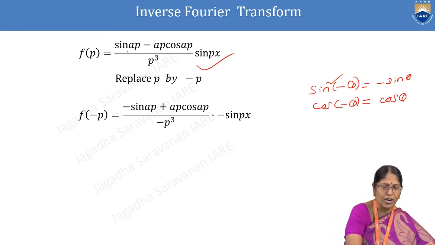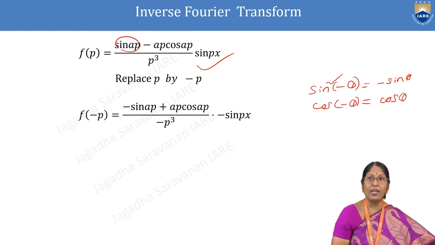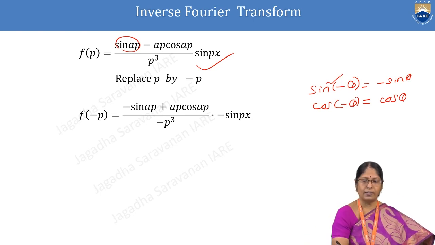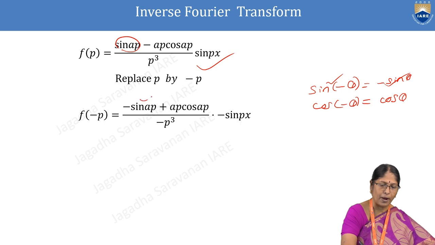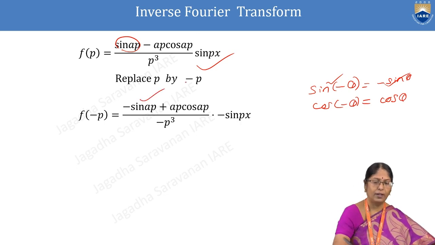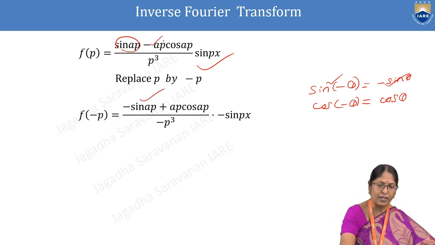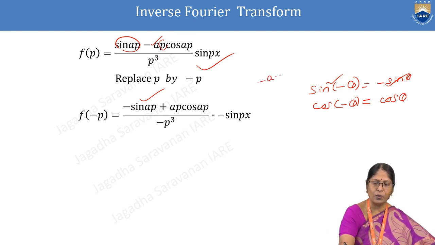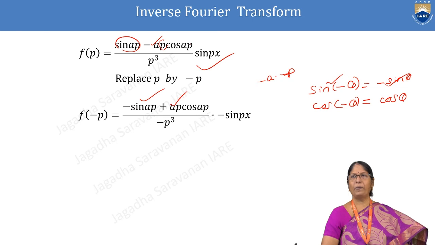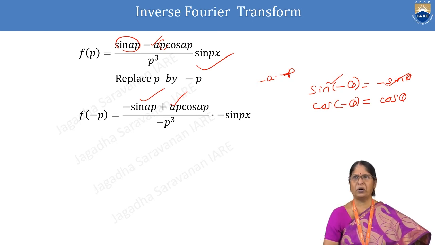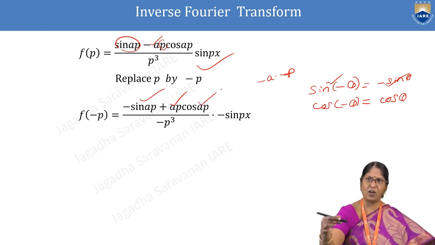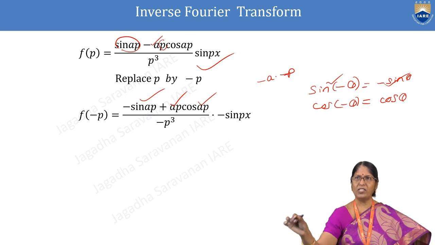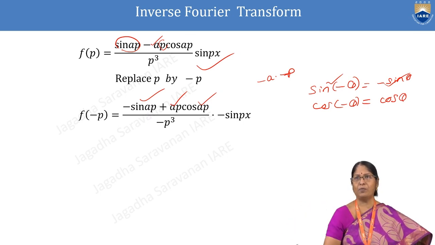Now here we are applying p as minus p, so according to this formula, minus sin AP. Here minus a, but p is taking minus p, so minus a into minus p becomes plus AP. For cos, if p changes to minus p, there is no change at all, so cos AP stays cos AP. The changes come for the sine term only.